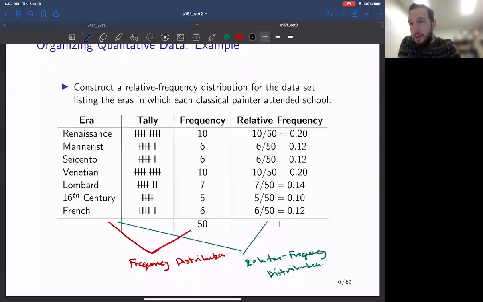You might think of this data set as being ordinal qualitative because technically each of these eras occurred one after the other. I don't know off the top of my head which era would have come first. Let's say for illustrative purposes that the Renaissance era came first and then the Mannerist era and then the Cinquecento. Then we would have an inherent order in the frequency distribution representing which of the eras came first.